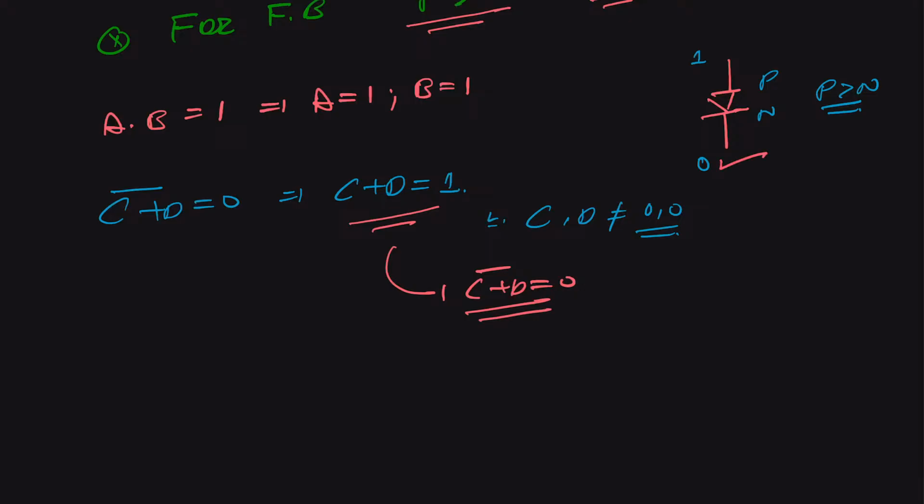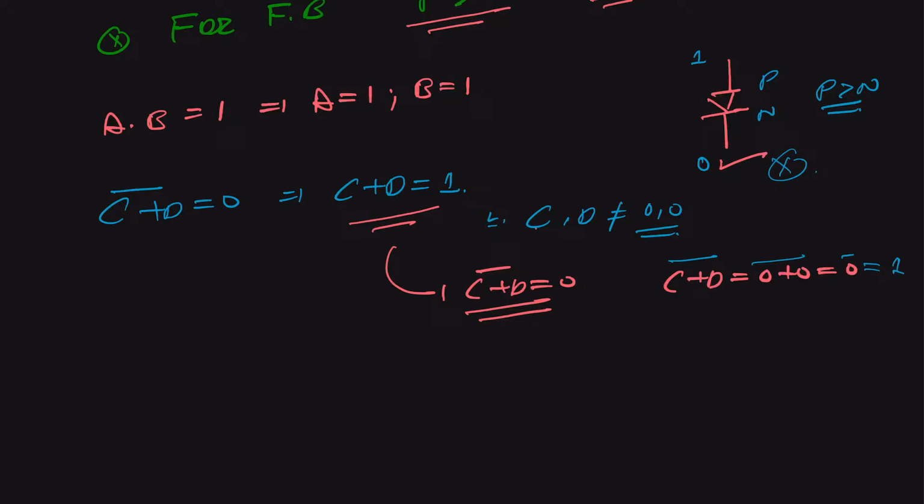But if C and D both are equal to 0, then C plus D will be equal to 0 plus 0, which is 0, and with bar this will be equal to 1, which is not required. So we have to keep this in mind.